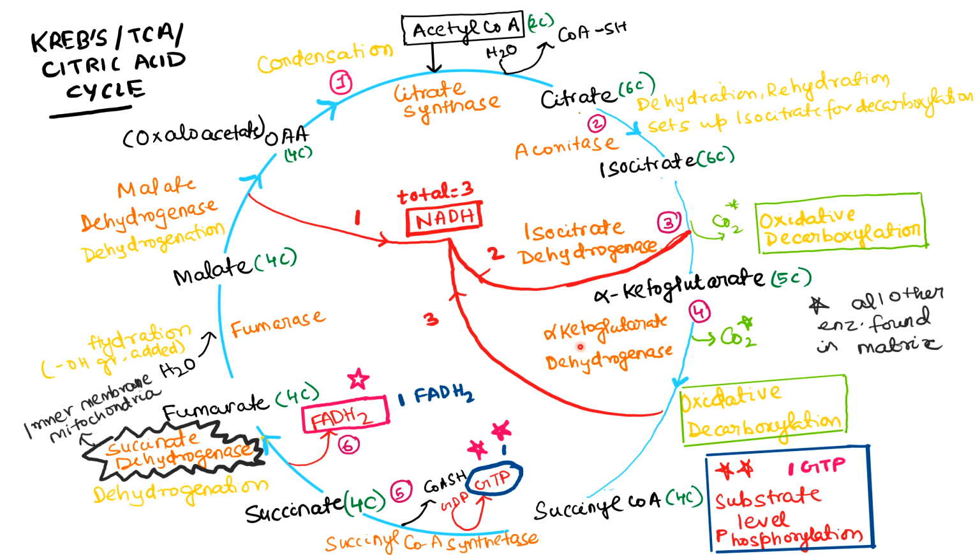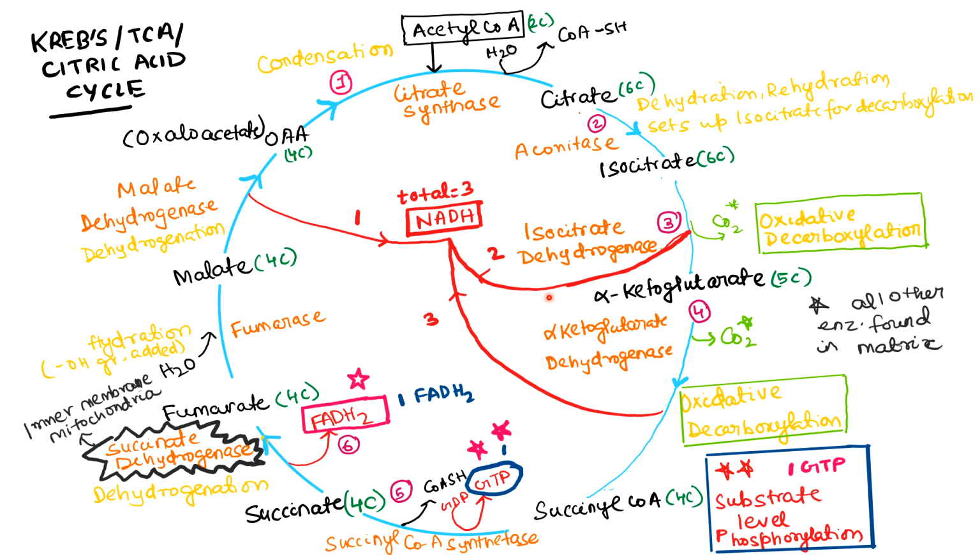Now, step number 4 is similar to step number 3. What happens here is alpha ketoglutarate, which is a 5-carbon compound, undergoes an oxidation first, and then subsequently a molecule of carbon dioxide is released, leading to the formation of the 4-carbon compound succinyl coenzyme A. The enzyme that catalyzes the reaction is alpha ketoglutarate dehydrogenase. Here also, while alpha ketoglutarate is being oxidized, NAD plus is getting reduced to NADH and H plus.